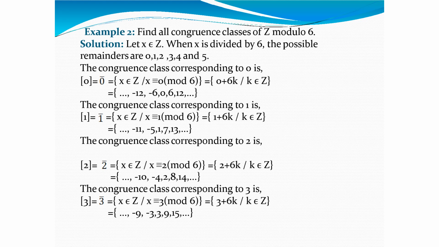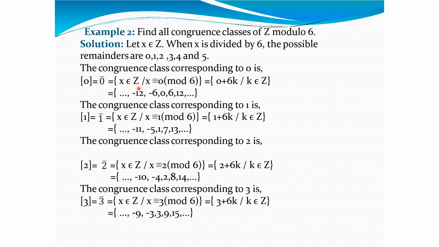Similar to the previous example, here we have to find all congruence classes of Z modulo 6. As it is modulo 6, see what the remainders are. When you divide an integer by 6, the possible values of remainders are 0, 1, 2, 3, 4, 5. So it is enough to find the congruence classes for 0, 1, 2, 3, 4 and 5.